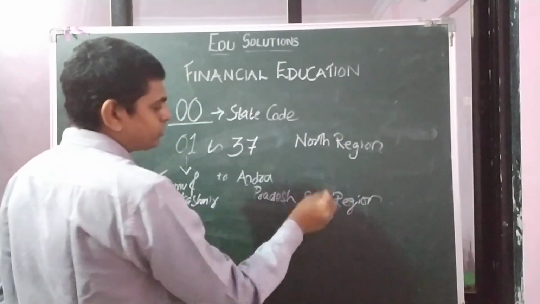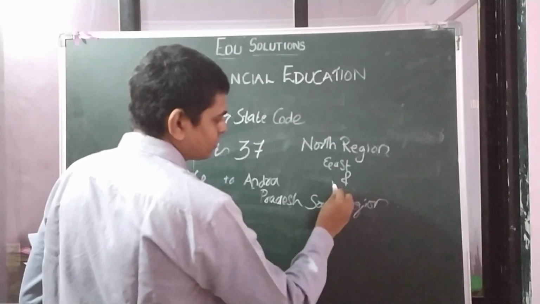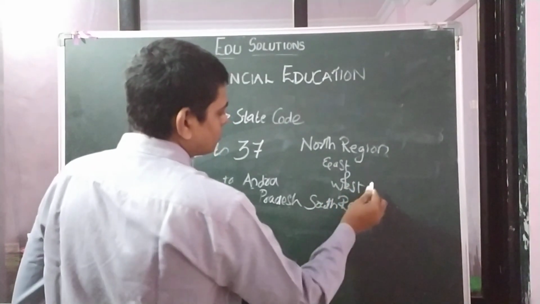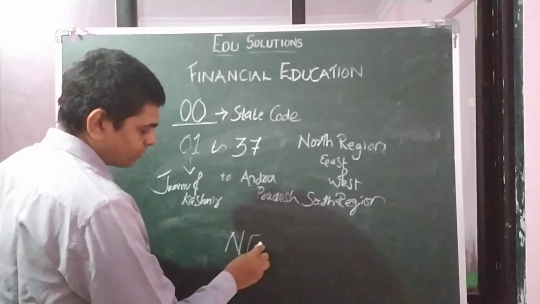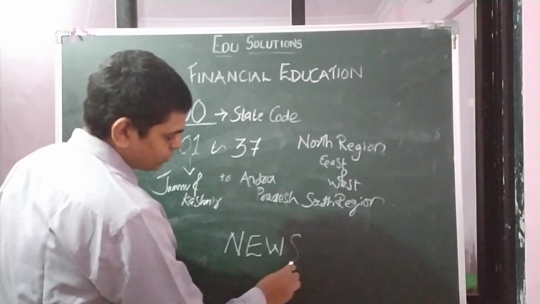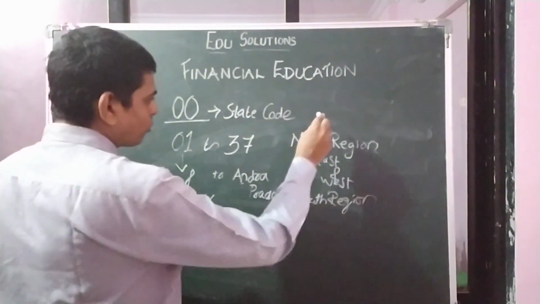In between north and south come east and west. To remember easily, just remember NEWS: north, east, west, south.